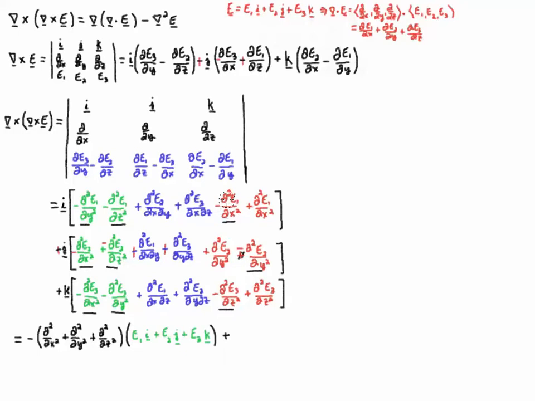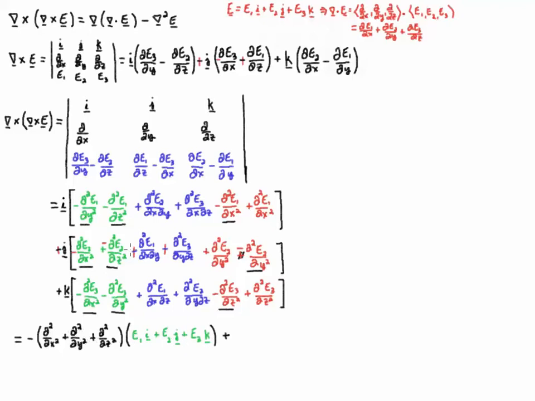You notice I have d squared dx squared, d squared dx squared, and d squared dx squared there. And those got applied to e1, e2, and e3.